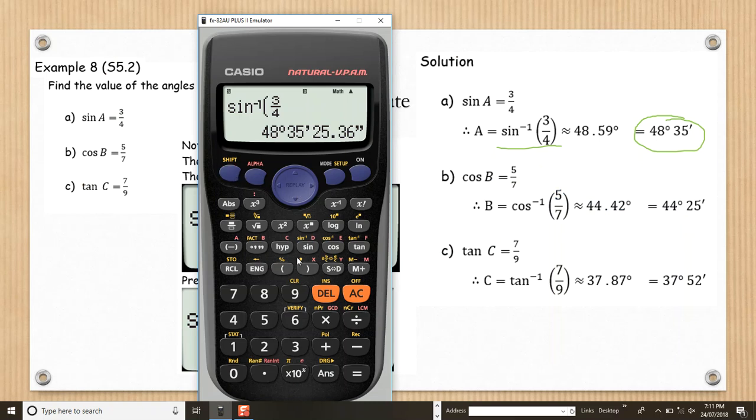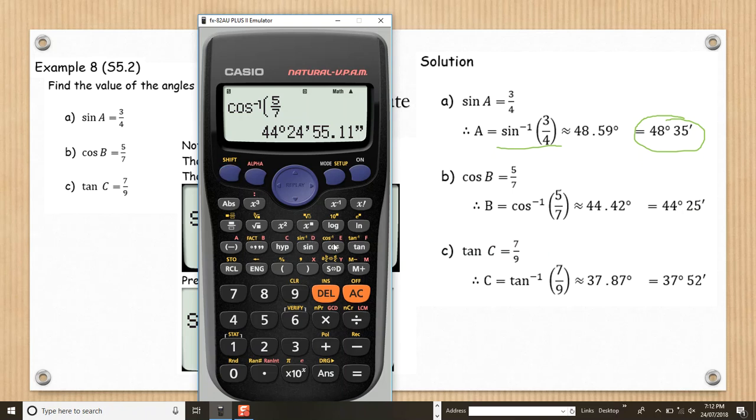So if we go shift cos 5 over 7, we get 44.42 approximately. We press this button and we get 44 degrees 24, 55, so this number here is more than 30, so this goes up to 25, which you can see over here.